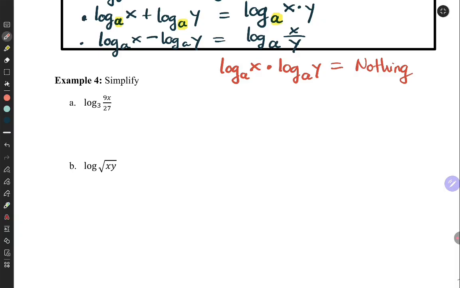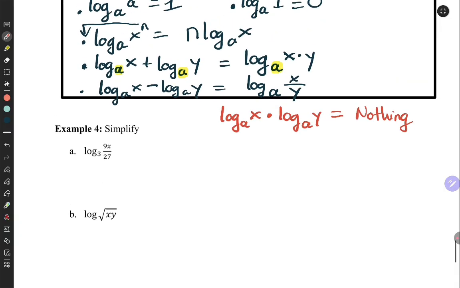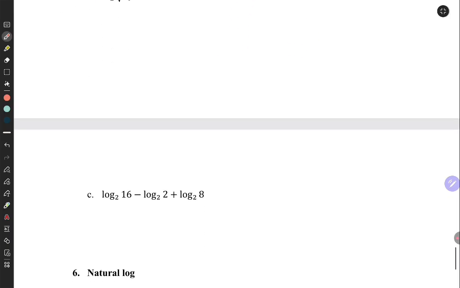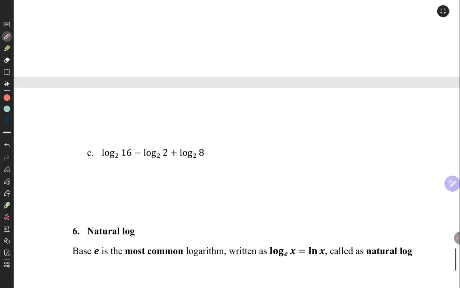Let's keep going. Okay, some laws. What can we do with logarithm? Apply this one to here. Simplify means you either expand, if you have one term, into as many terms as possible, or if you have multiple terms, for this example, you want to combine to exactly one logarithm.